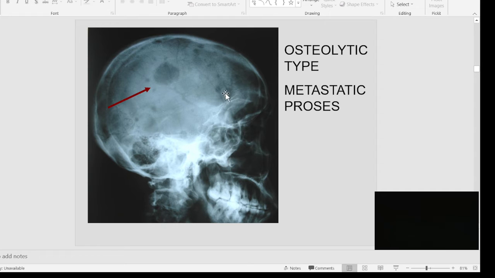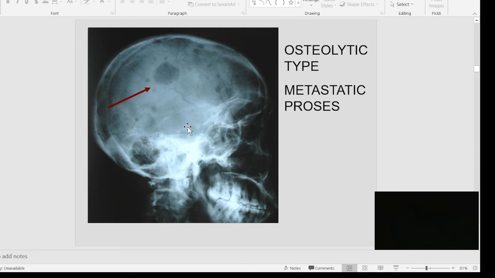This is a metastatic tumor. Look at that. If you look at the skull, there is a patchy black appearance. That means there is ongoing osteolysis in the bones of the skull. This is an example of that.